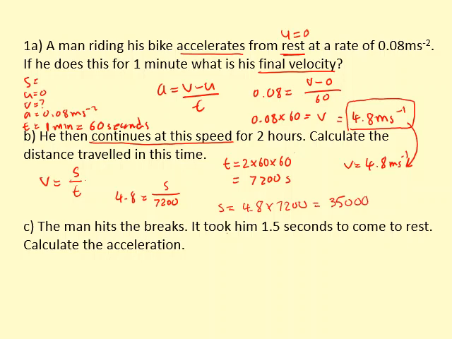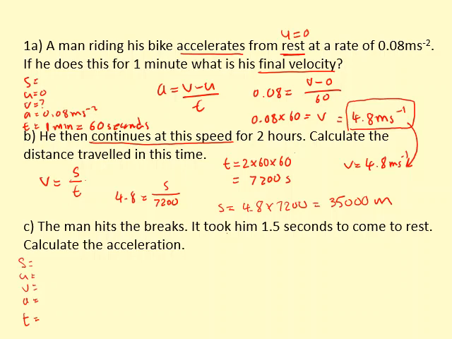Okay, the man hits the brake. It took him 1.5 seconds to come to a rest. Calculate the acceleration. So now we need to go back to using the acceleration equations, because we can't use the constant speed one since he's slowing down.